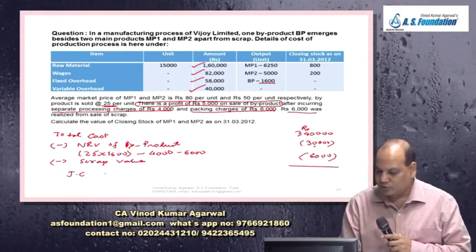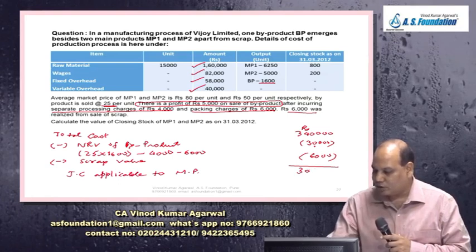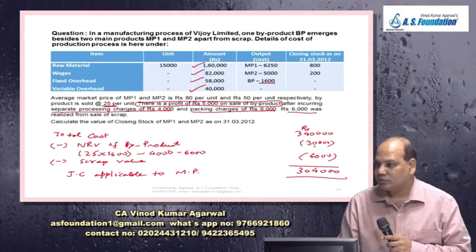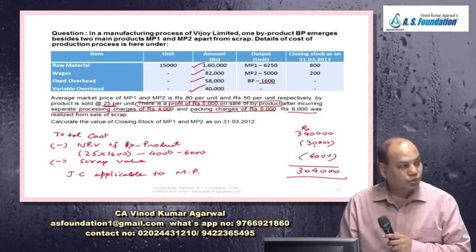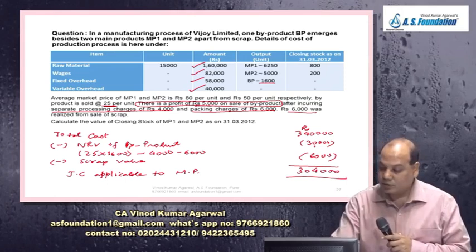So joint cost applicable to main products will be 3,04,000. So to confuse you, they have given this byproduct profit which is not to be included here.